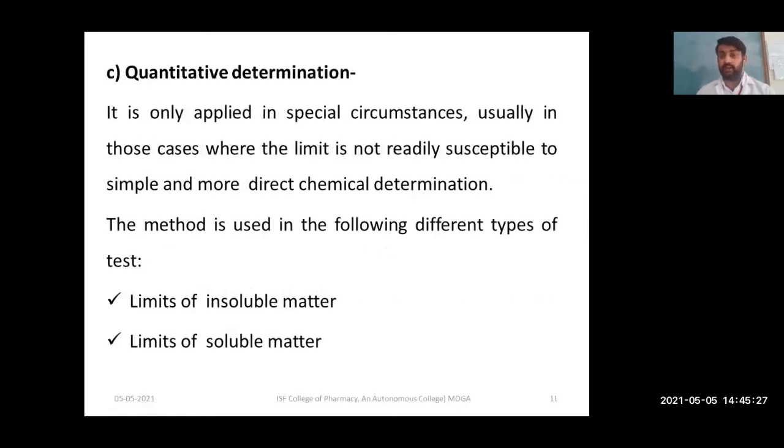Next, quantitative determination. It is applied only in special circumstances, usually in those cases where the limit is not readily susceptible to simple, more direct chemical determinations. For this, we use different methods, like you can check the limit of insoluble matter. Like we have a sample that is not very soluble in some solvent.